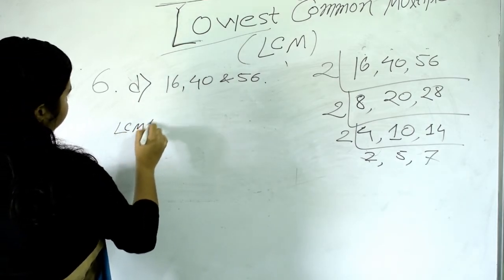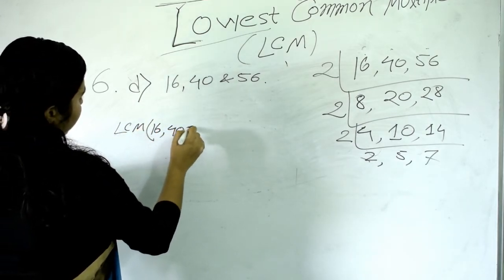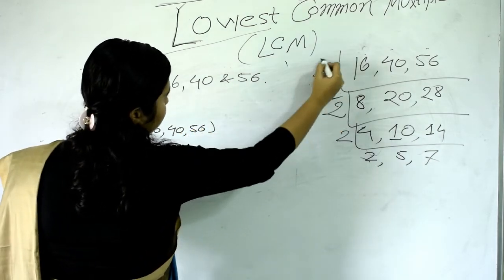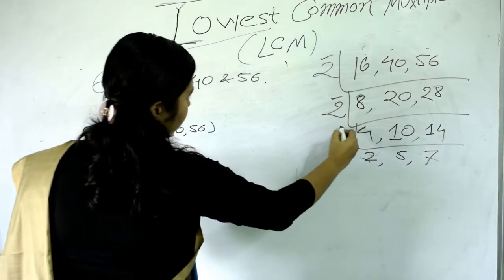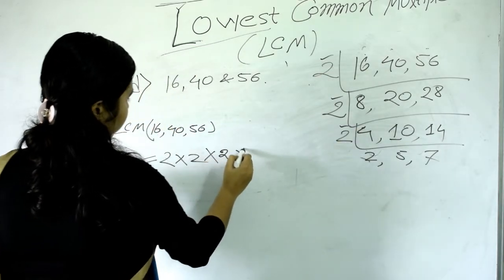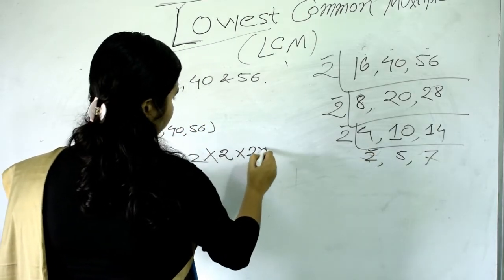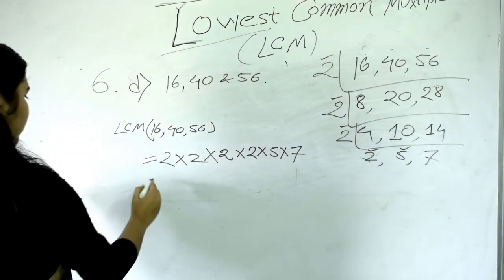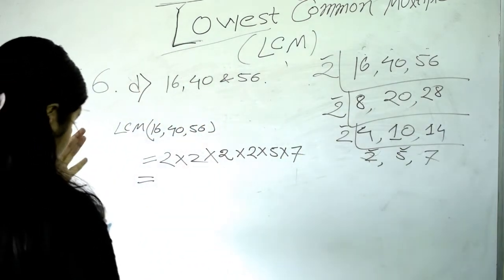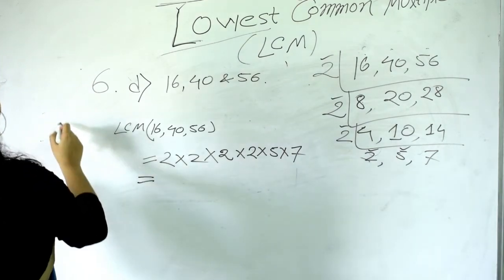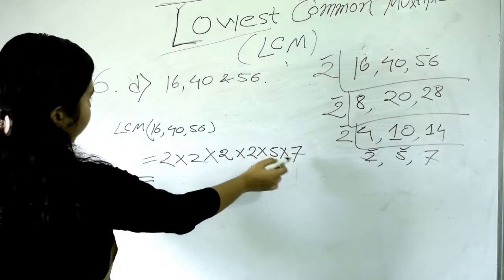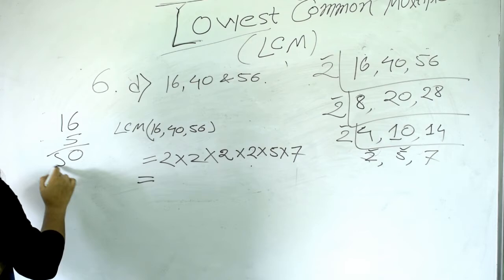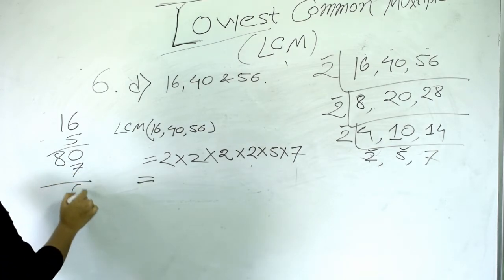So LCM of 16, 40 and 56 equals the first 2, second 2, third 2, fourth 2, 5 and 7. 16 and 5 into 5 is 80, and 7 again.